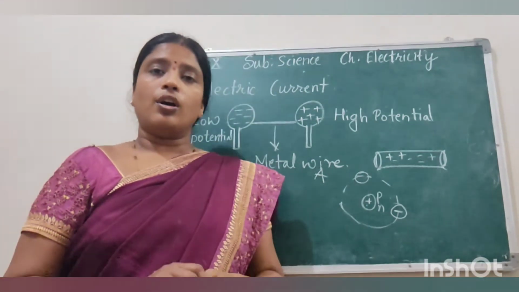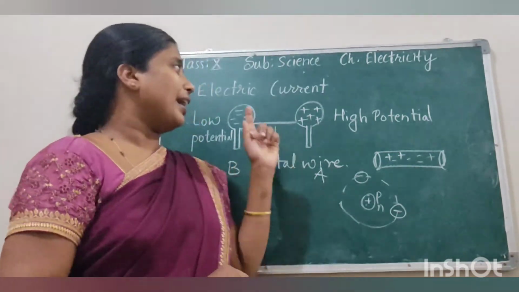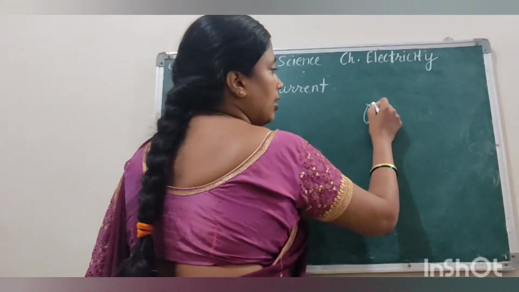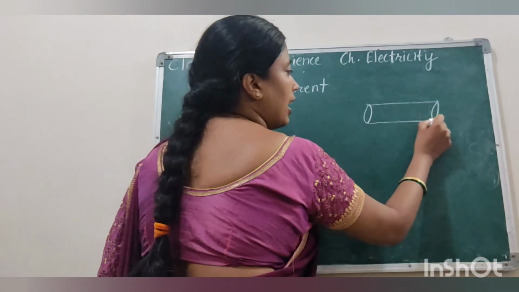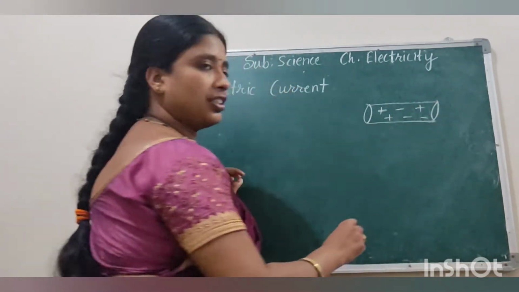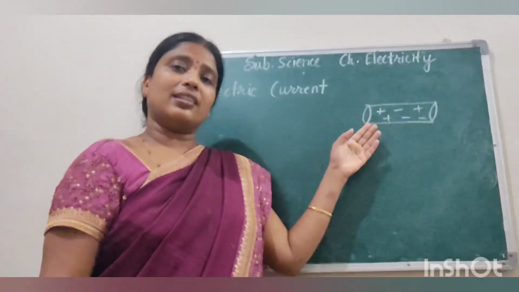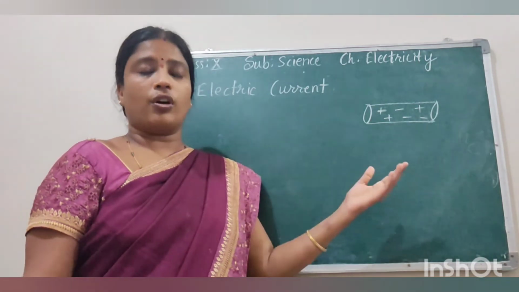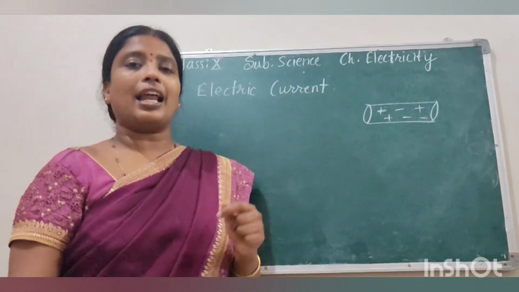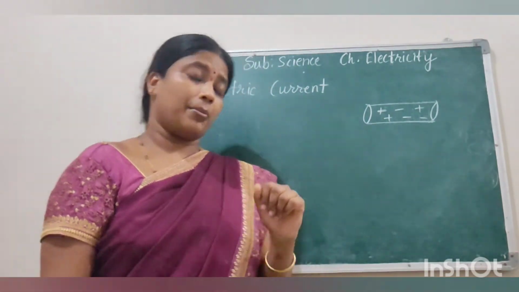Okay. Now let us try to define the term electric current. As in this example, we have discussed that current is due to the flow of charges, and these are the negative charges that flow, from negative to positive terminal, and the direction of flow of current is from positive to negative terminal.